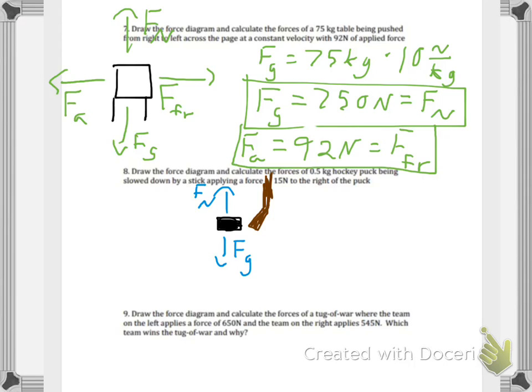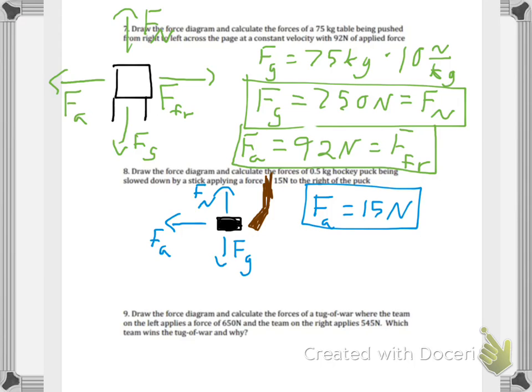So if it's applying the force to the right of the puck, that means that the applied force will be heading to the left. It's applying the force to the right to slow it down. So we have an applied force of 15 newtons. So that one is already given to us, 15 newtons.